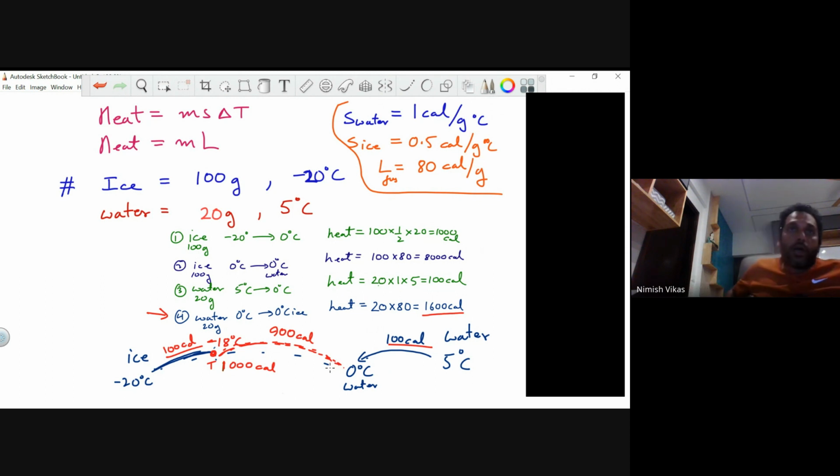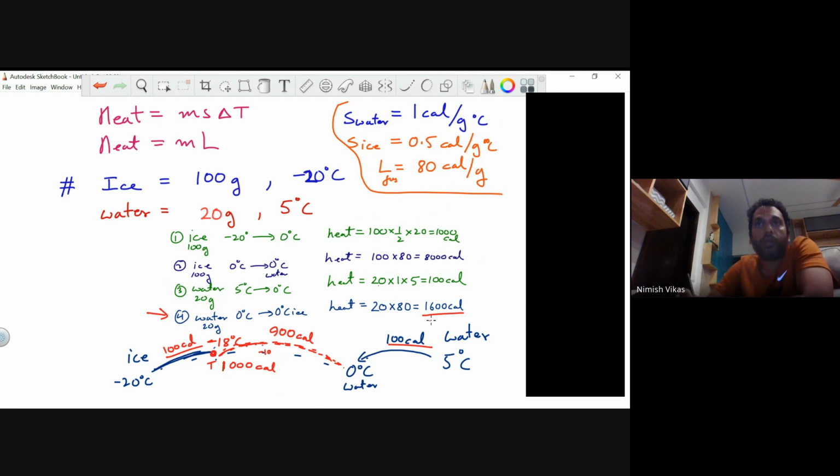So ice will take heat only while it is below 0 degrees Celsius. Once they come to the same temperature, it doesn't take heat. 0 degree ice will not take heat from 0 degree water, because both are at 0 degrees Celsius. So only while ice was enjoying a negative temperature can water give.